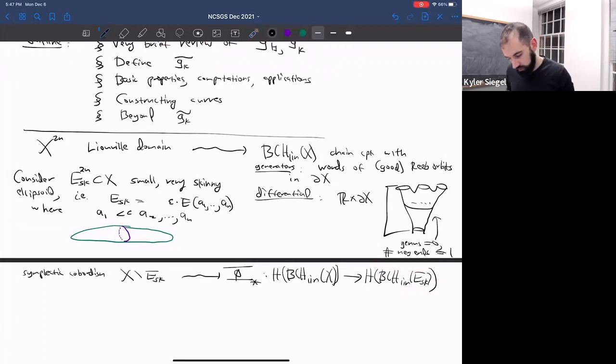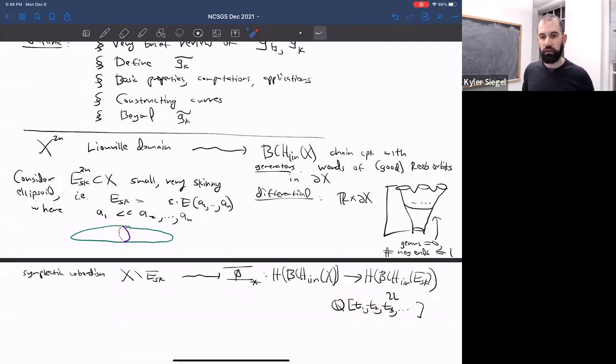So we can really identify this with the symmetric algebra on this short Reeb orbit and its iterates, and I want to view this as a polynomial algebra in infinitely many variables, where T1 corresponds to this short orbit, and then T2 corresponds to the double cover of that orbit, and so on.